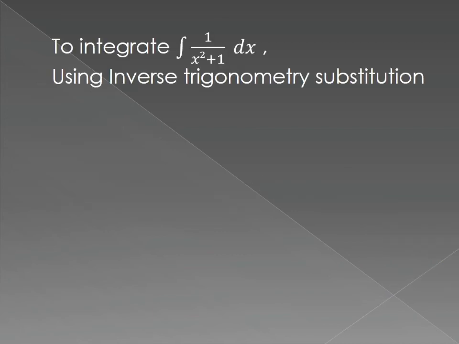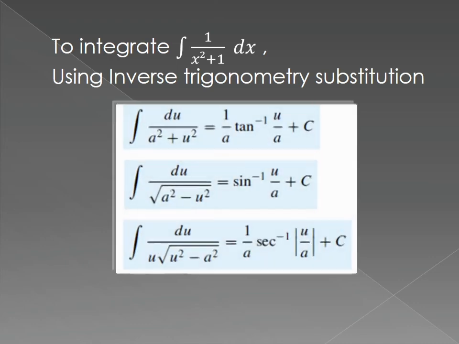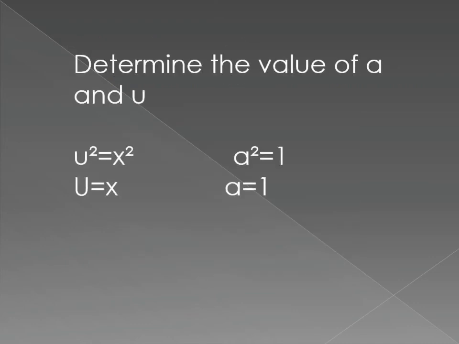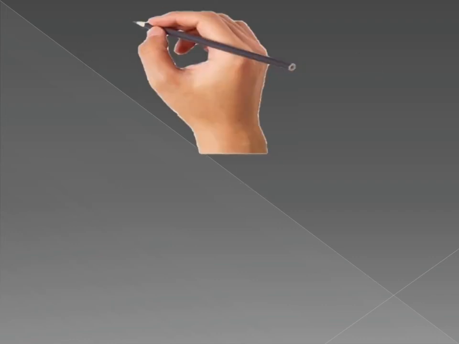Step 2. Calculate the antiderivative of 1 over x squared plus 1 dx using inverse trigonometric substitution. The first step is to determine the values of a and u. In this question, the value of u is x, while the value of a is 1.